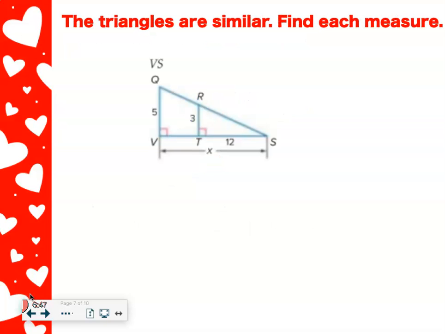The triangles are similar. Find each measure. So we're going to set up a proportion like we did yesterday to find a missing measure. Again, we have the small guy and the big triangle. So what does 3 match? 5. So 3 over 5 is equal to, what does 12 match?